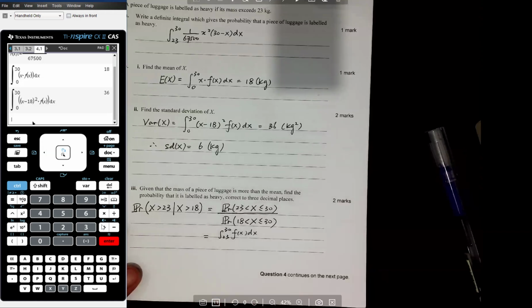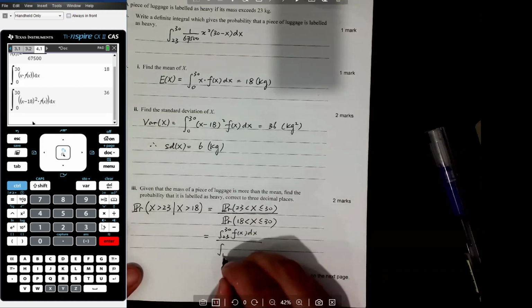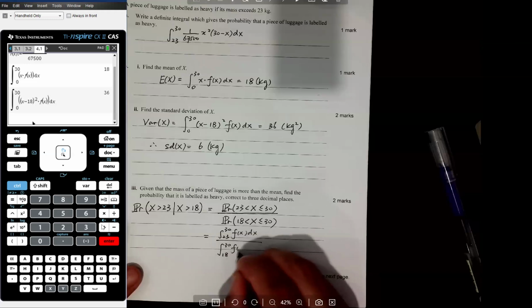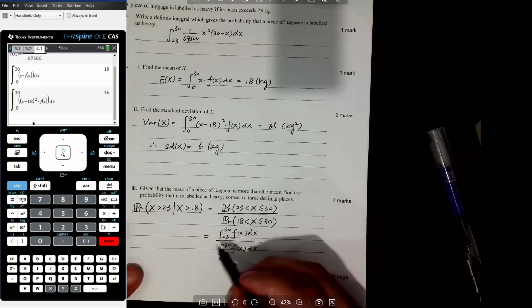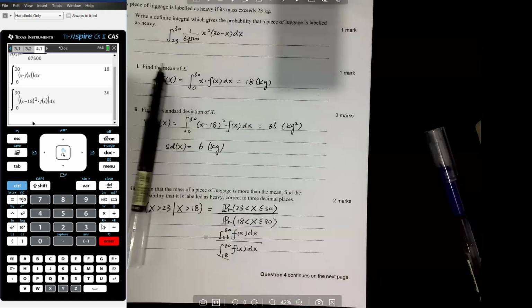Now, because you're calculating the area under the curve for the probability, you don't have to multiply x or x squared. So just be mindful. And then 18 to 30 f of x dx. Sometimes students could write 18 here and 23 here, but be mindful. This bottom integral has a larger span, therefore resulting in a larger area, the denominator, okay? So just be careful.